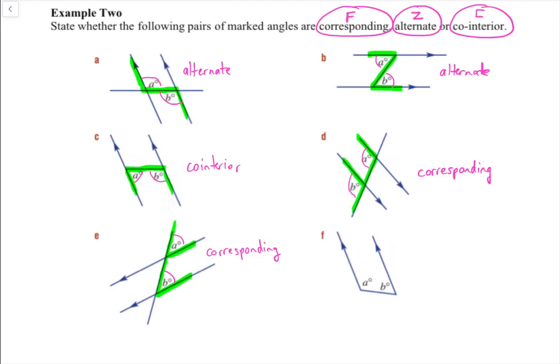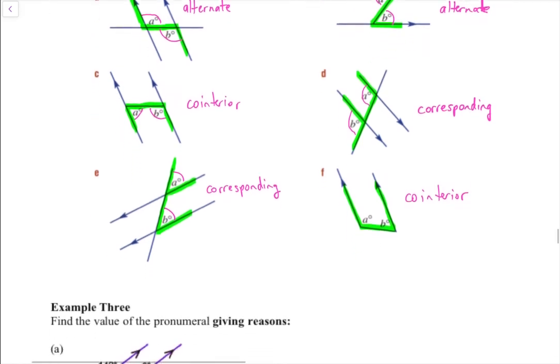Now, every single one of these questions had the little arrowheads so we could see where the parallel lines are. With part F, a bit of a square looking C turned sideways, which means they are co-interior. So they are our answers to example 2.